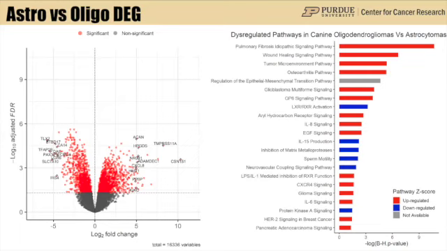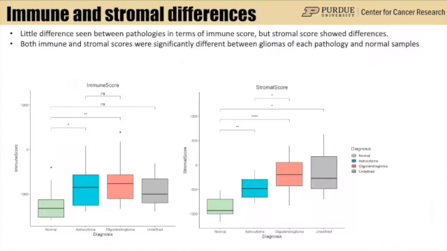Even though usually the distinction between oligodendrogliomas and astrocytomas is made histologically, largely, we thought that we could also use gene expression profiles to identify some of these samples as oligo or astro, and so on.